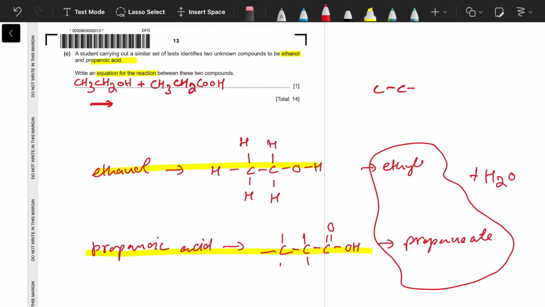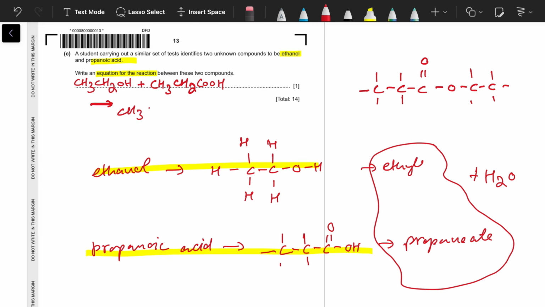It would look like this. And these lines represent hydrogen atoms bonded at the ends, but I'm too lazy to draw that out, so there's that.